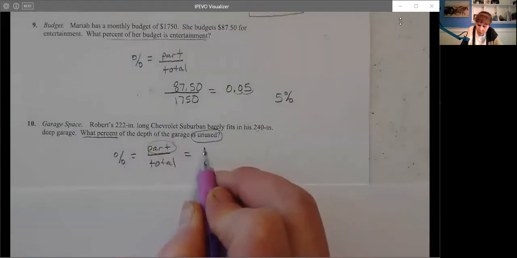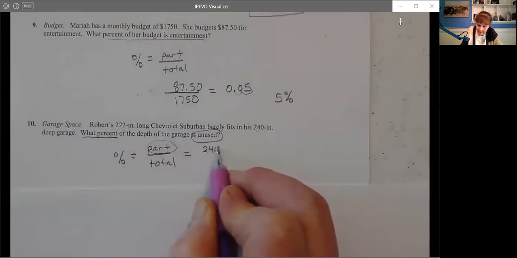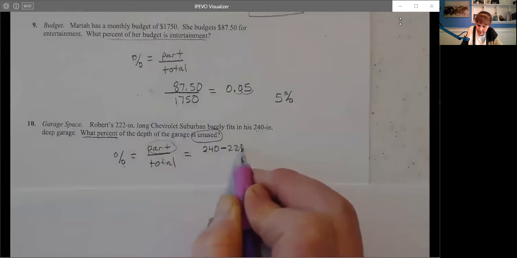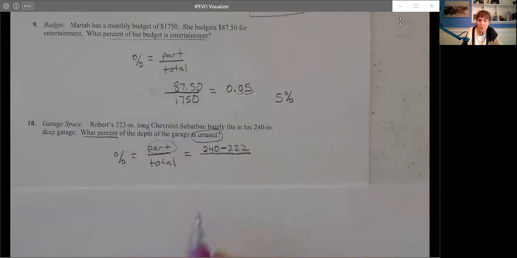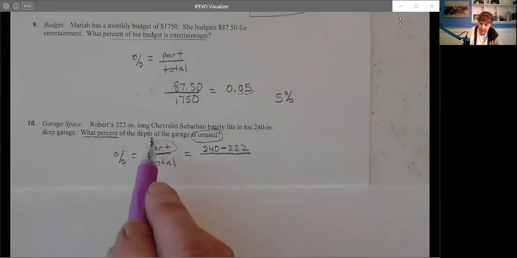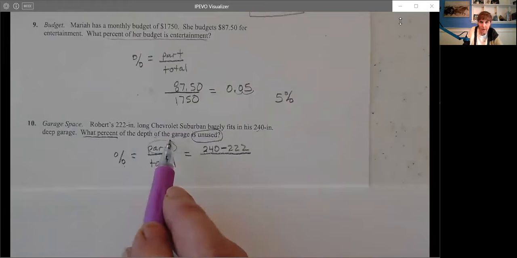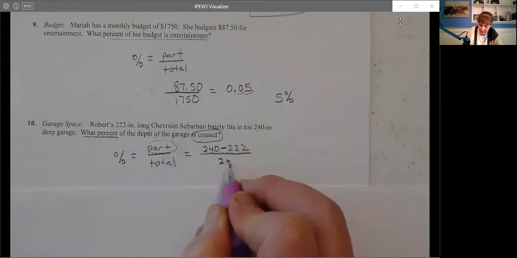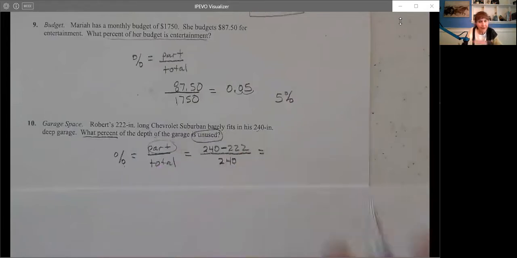So you will subtract, and that will tell you what you wanted, which is the unused. Over, they wanted the percent of the total garage, which was 240, the total garage. So I had to find the unused. They just didn't tell me that, so I could divide them.